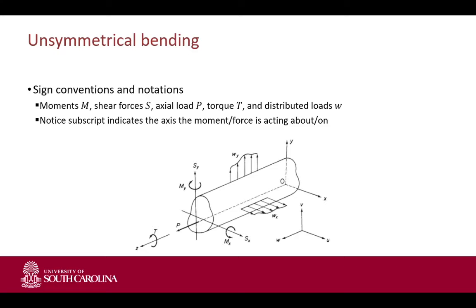Well, first of all, for things like the forces, it just goes by whether the force points in the positive x direction, which is positive, or in the negative x direction, which is negative. Similarly for y and z. For example, the P force, the axial force, is given in the positive z direction, so that's positive. Similarly for the distributed load, if it's aligned with the positive direction of the axis, it is positive.